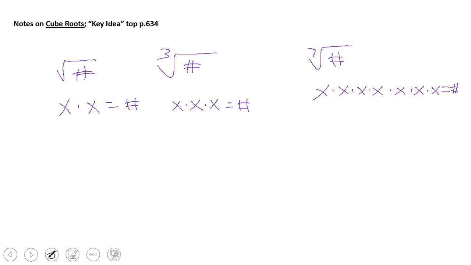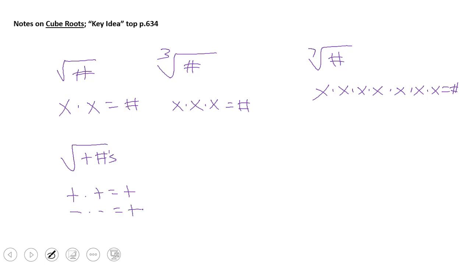All right? We also recognize that square roots can only be positive numbers, right? Because we know that a positive times a positive is a positive, and a negative times a negative is also a positive.